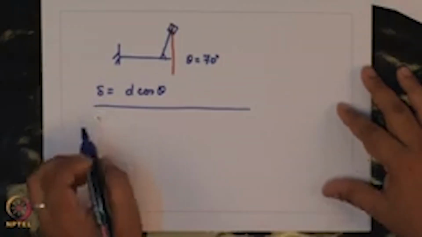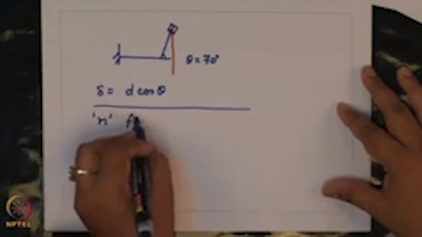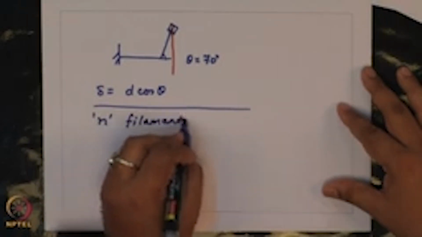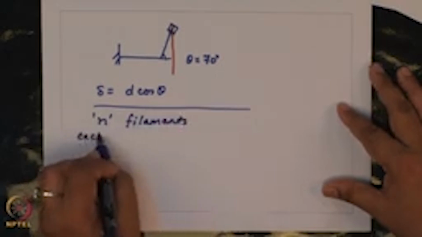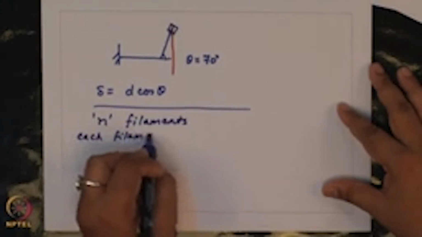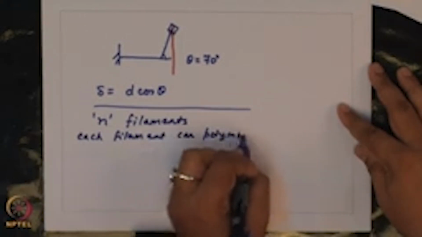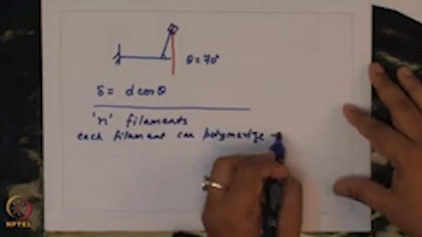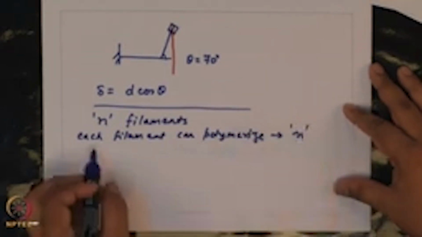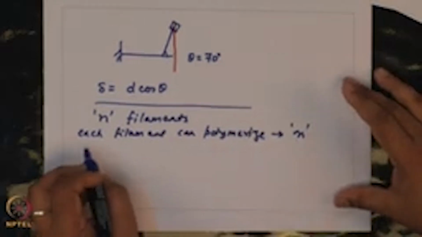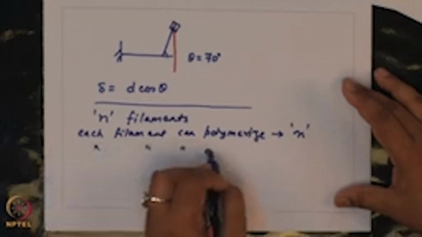Similarly, you can do the same thing for the rate of branching. Given a filament, you can have 3 events. If there are n filaments, then each filament can polymerize. So, how many possibilities are there? n possibilities for each filament that exists. Each filament can depolymerize.